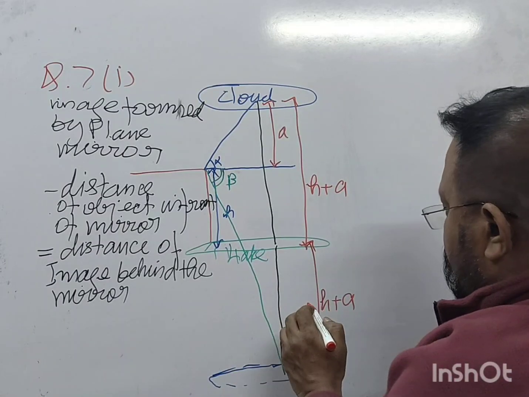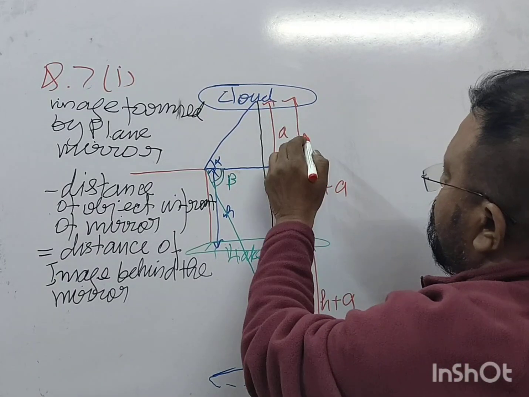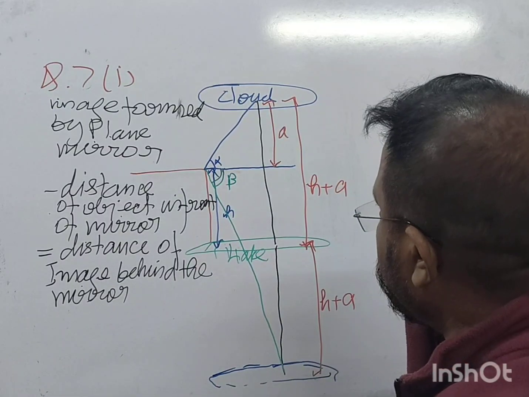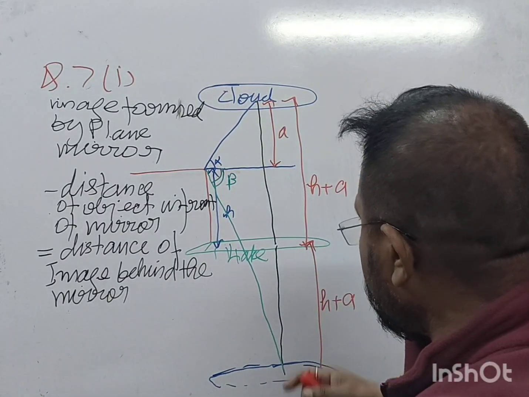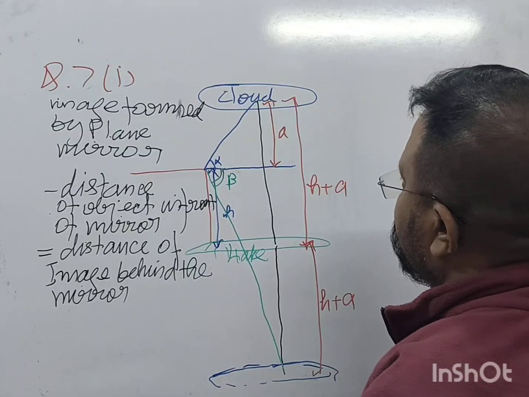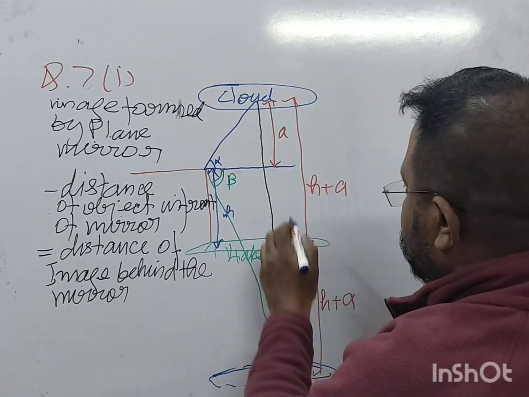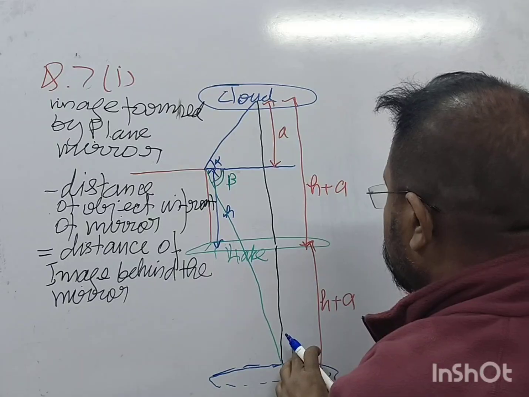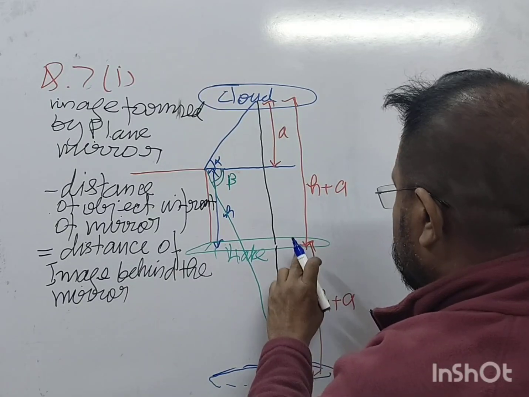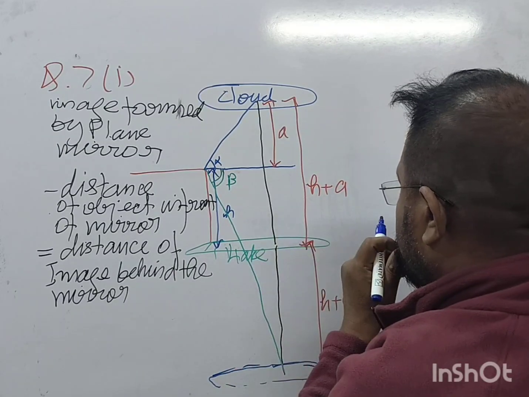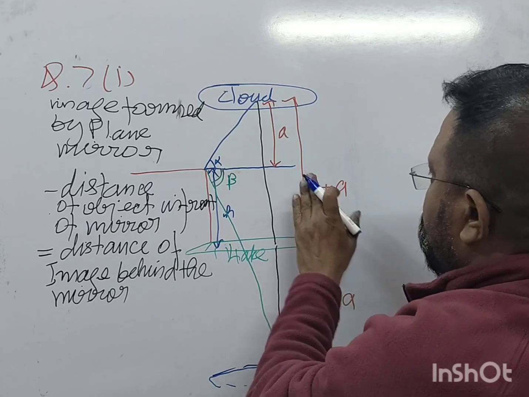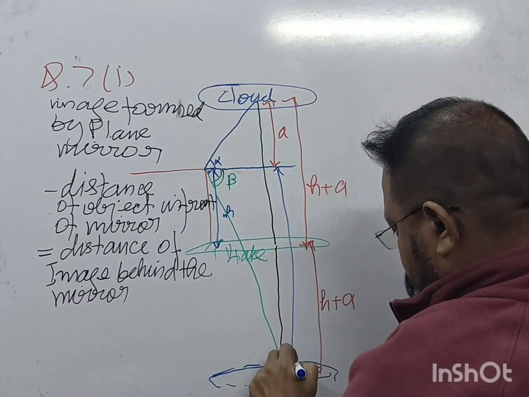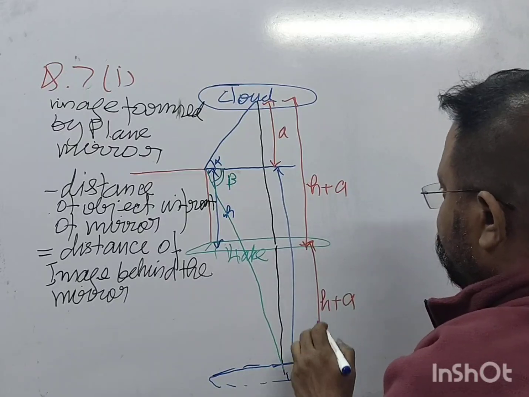And if you take it from here, then what happens? This height is how much? If we remove this much, if we consider only this much, then this height is how much?